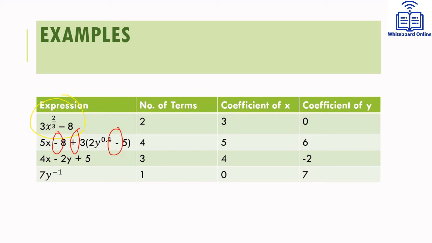Similarly, 7 multiplied by y raised to the power minus 1 forms a single term because 7 and y are connected with multiply, not with plus and minus. New terms will be formed only if plus and minus operations are used. This we have discussed earlier.